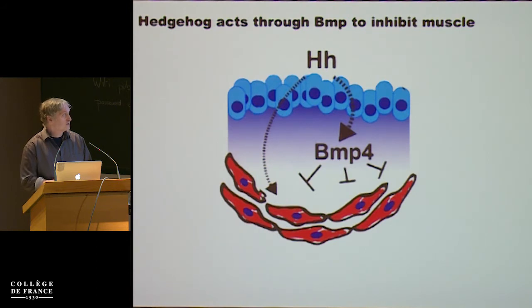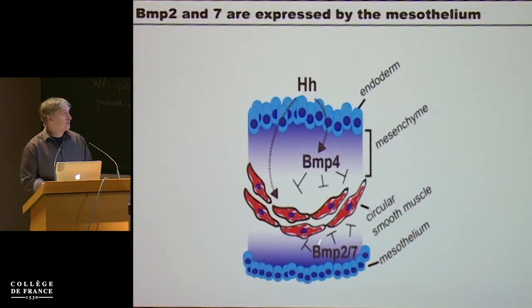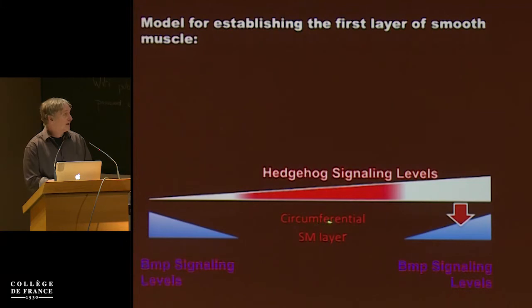We think the reason is that, independent of hedgehog signaling, there's constitutive expression of two other members of the BMP family, BMP2 and BMP7, on the outside of the developing gut. So that gives you BMPs on both sides, which leaves a sweet spot in the middle where you have low BMP signaling, where the necessary hedgehog signaling can give you that first layer.